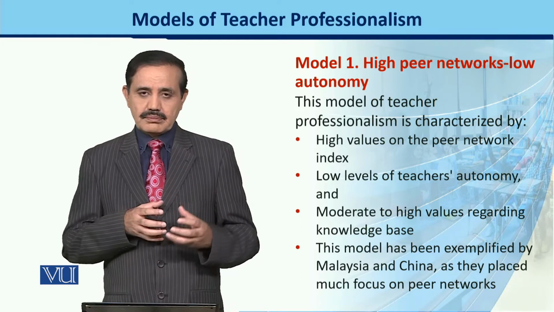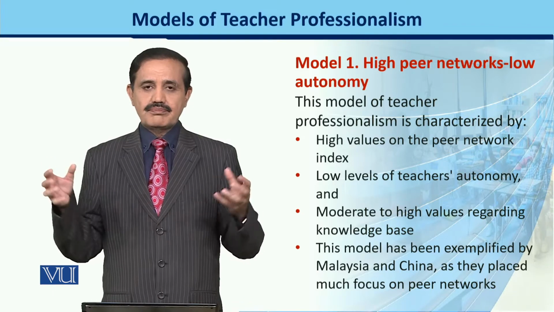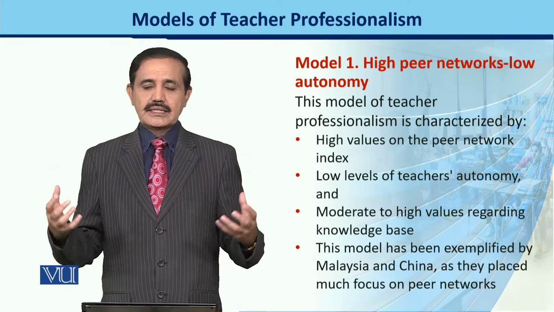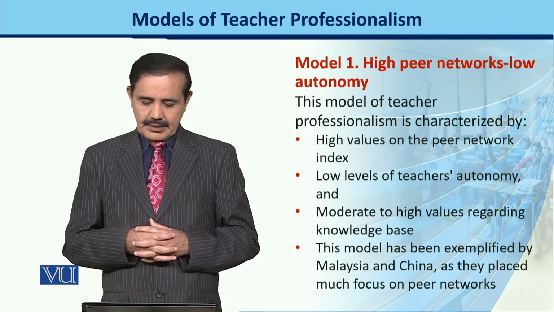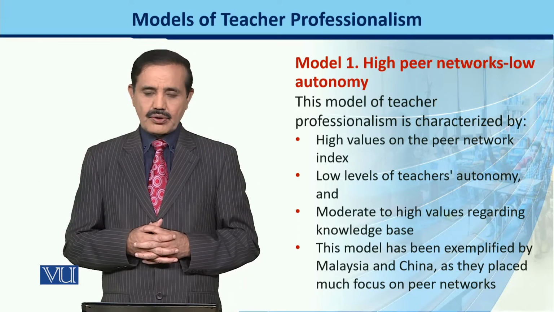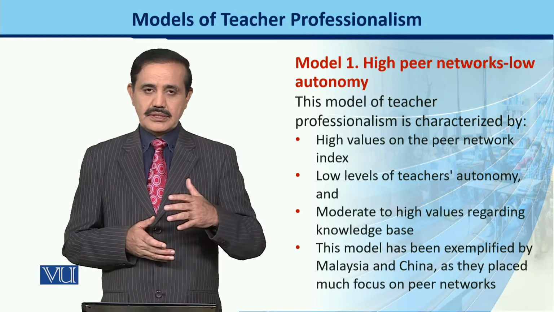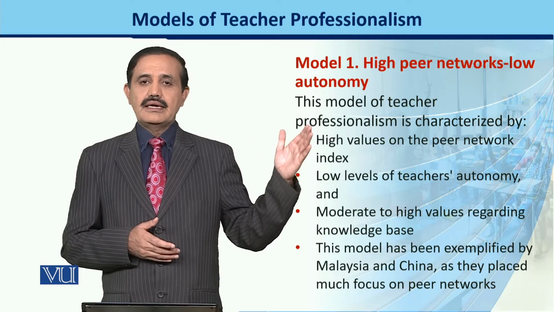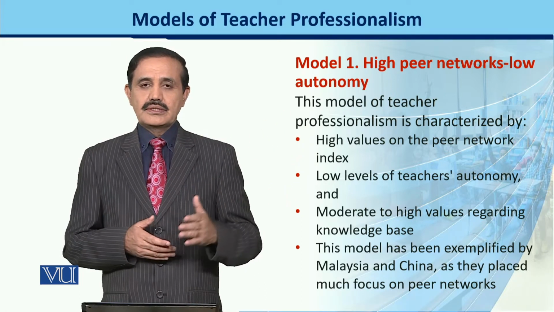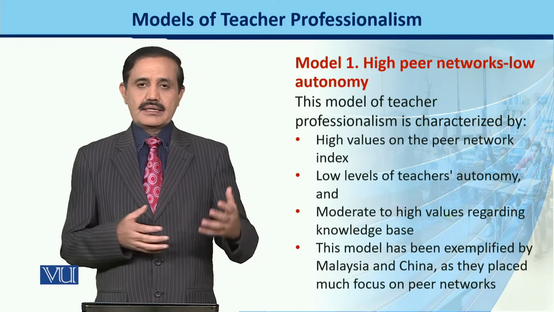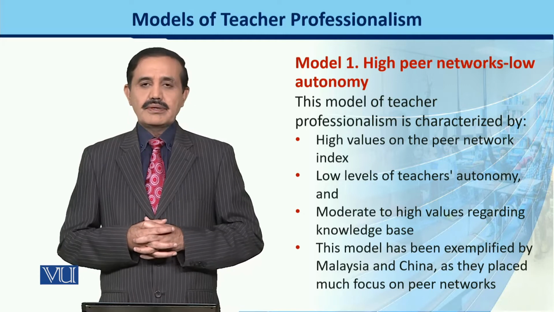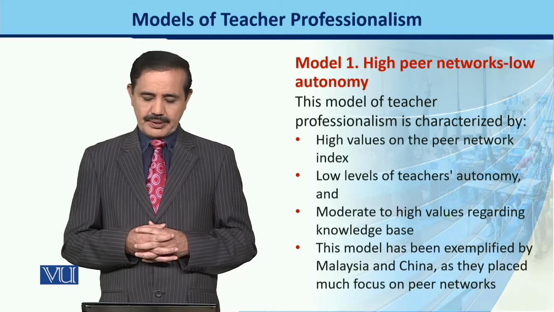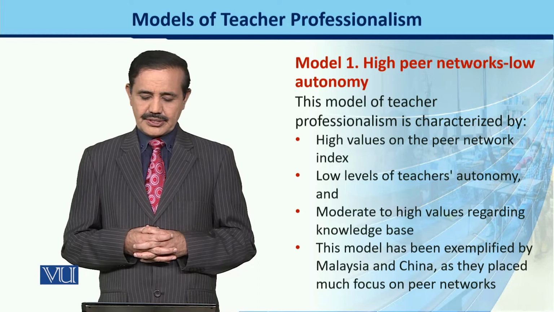You mostly depend upon the peers' feedback, peers' reviews, peers' insight, etc. And moderate to high values regarding knowledge. In this model, there is no high level of knowledge, peer networking, etc. This model is practiced in Malaysia and China.